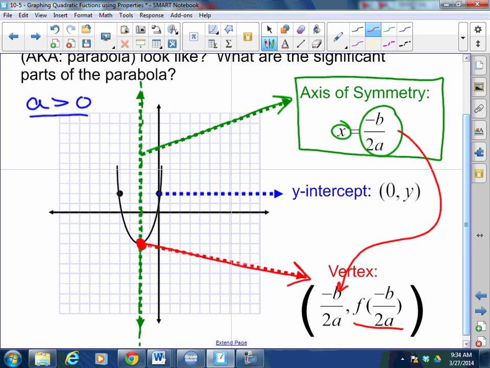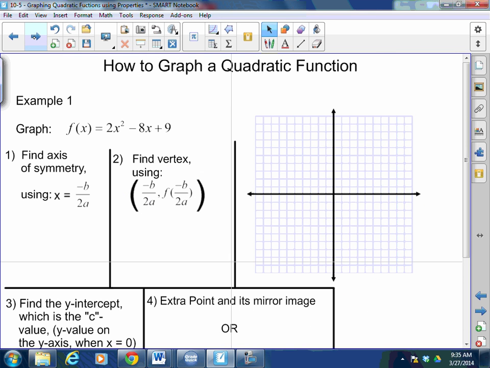My y-intercept is the y value on the y-axis when x equals 0. That's a parabola in its most basic form, and now you know every part of it. Does that make sense? Okay, let's get to work then.